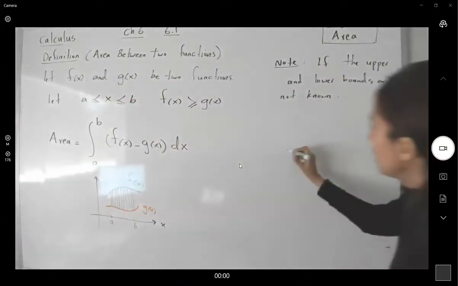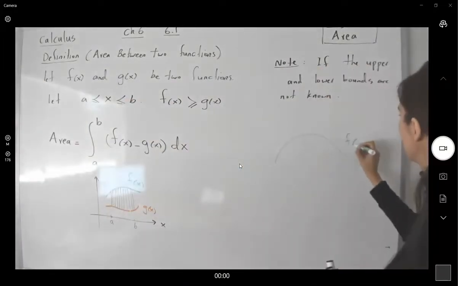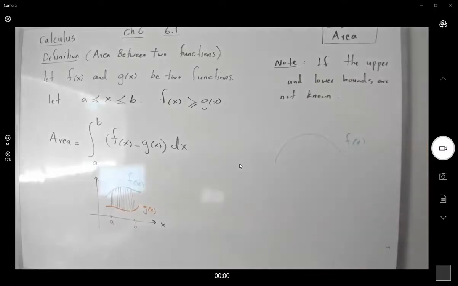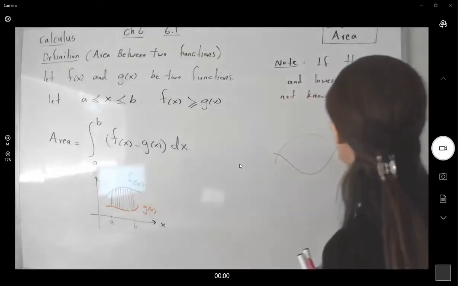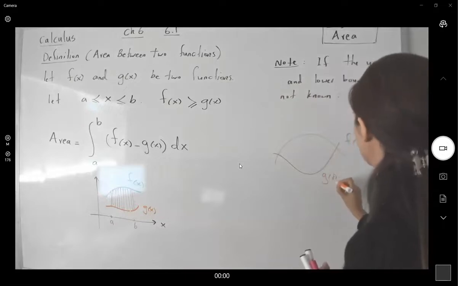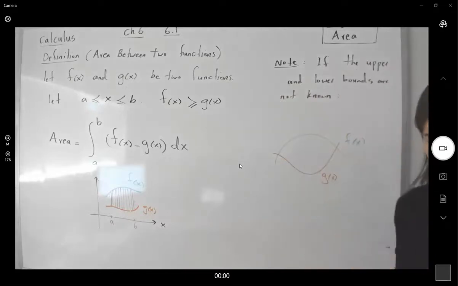This is your function f, for example, and this is your function g. These two graphs are intersecting at these two points.